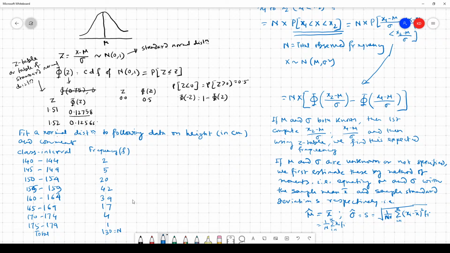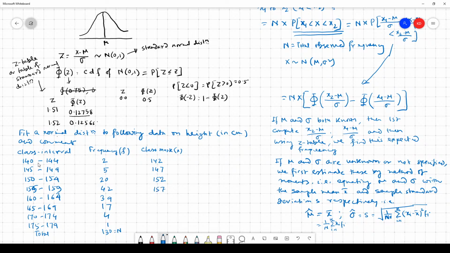So now the class mark x, this is the mid value: 140 plus 144 divided by 2, that means 142, 147, 152, 157.